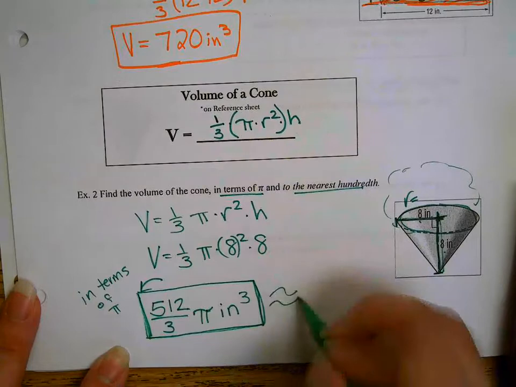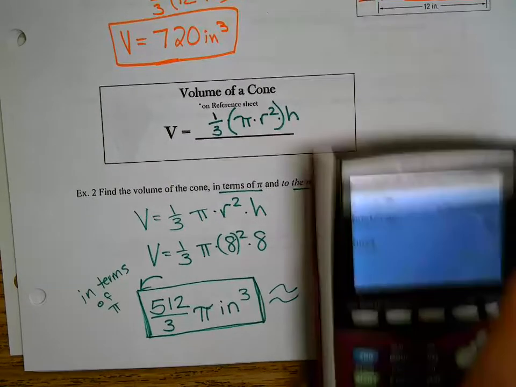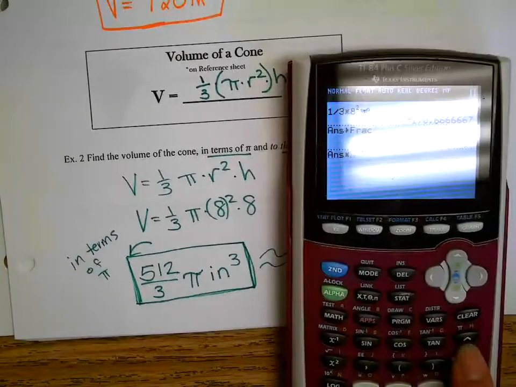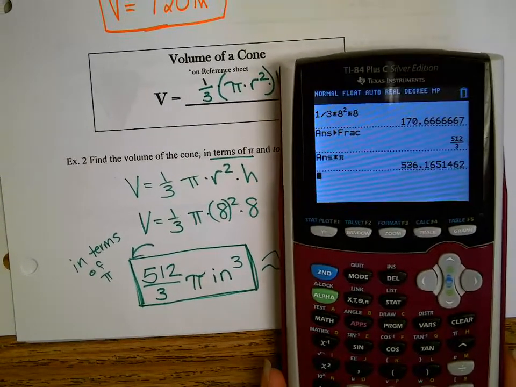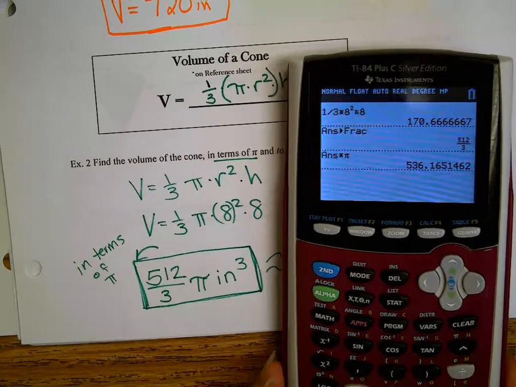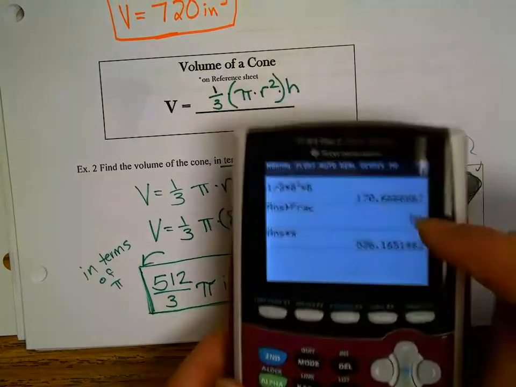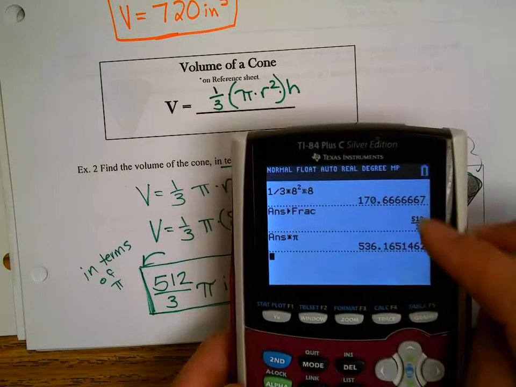Now, that would approximate to, so we're going to take that answer and multiply it by pi, which again is second up arrow. Sorry about that. Gives us about 536.16. Now, if you're looking at that 512 and you're going to 500, okay, don't get confused. That was divided by 3.